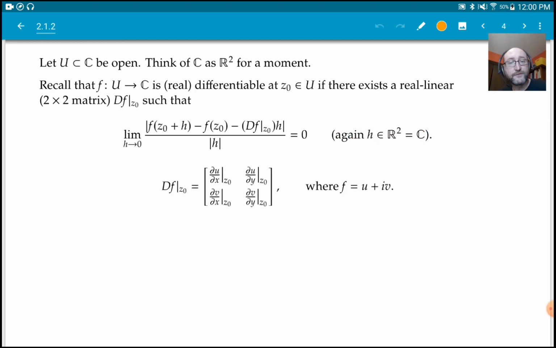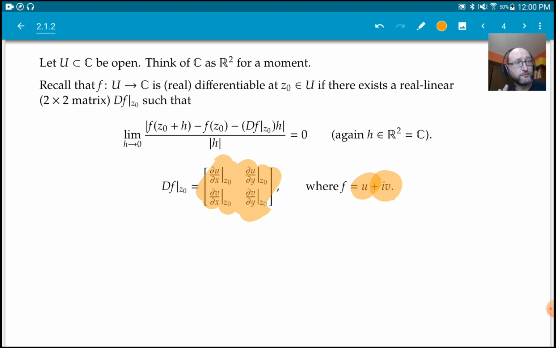All right. Now, from just basic vector calculus, you find that if this matrix exists, it's actually equal to these partial derivatives, where I've done this for the standard use of letters in complex analysis. You set the real part to U and the imaginary part to V, right?